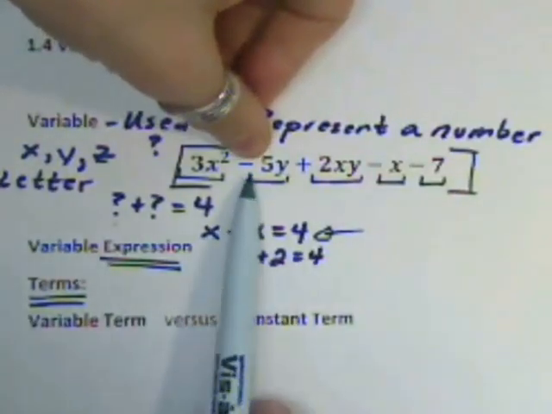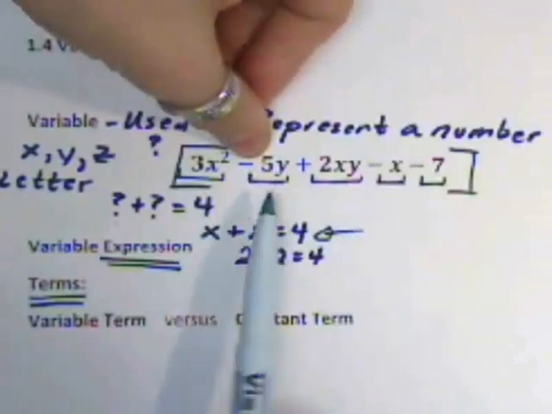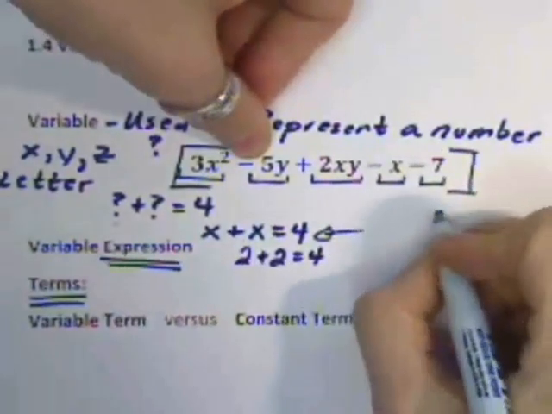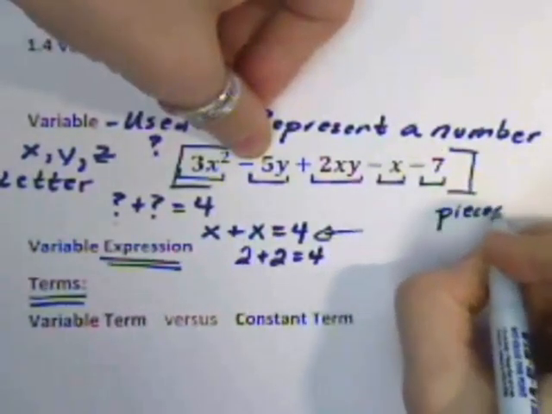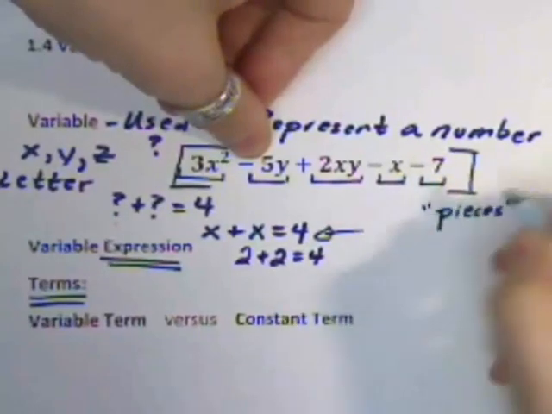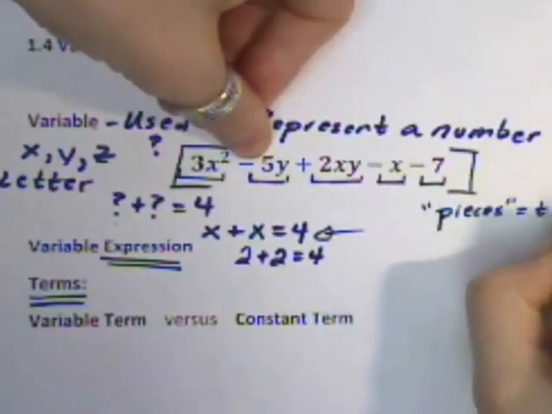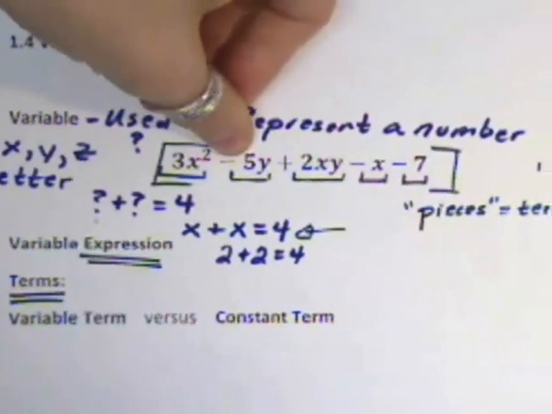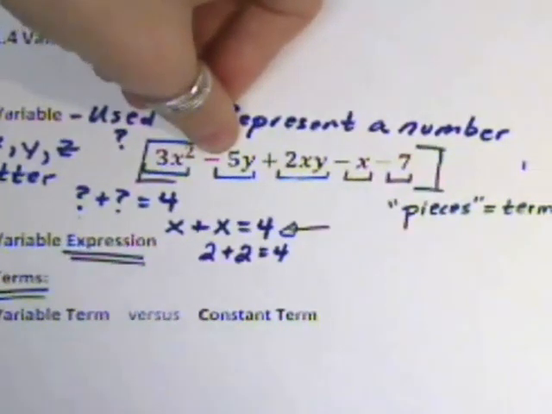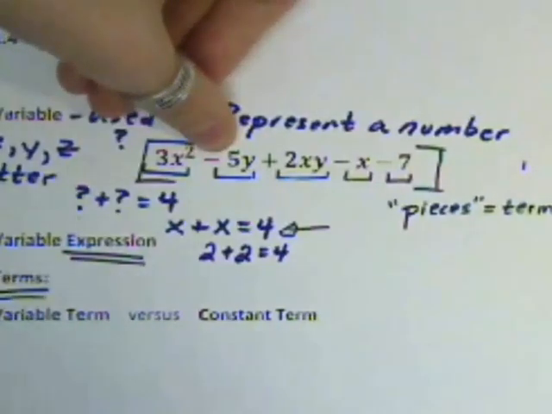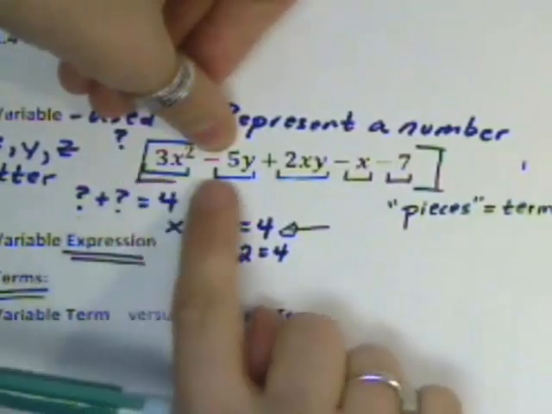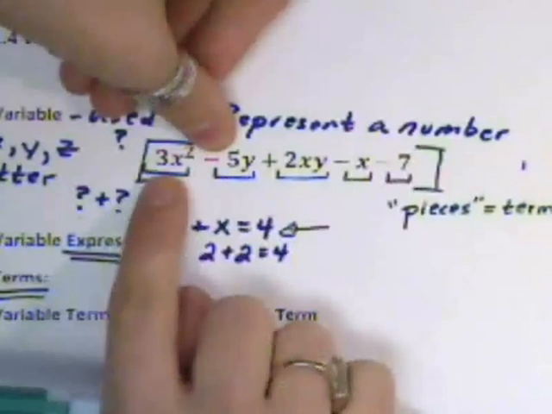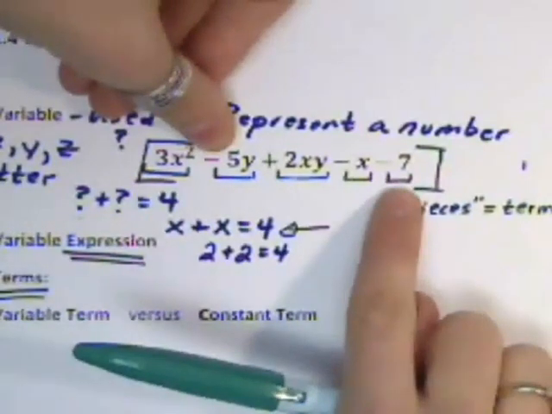So for example, this piece here is a negative 5y. Well, instead of using the word piece, we call these pieces terms. And what we say is, okay, well here we have a string of pieces, a string of terms attached by plus and minus, essentially, right?